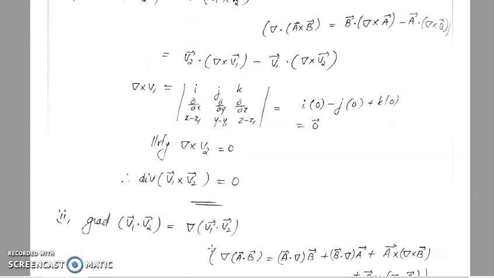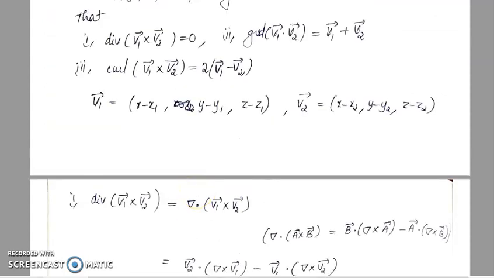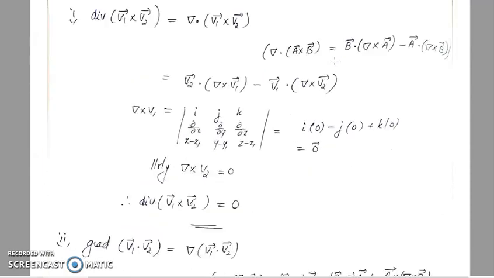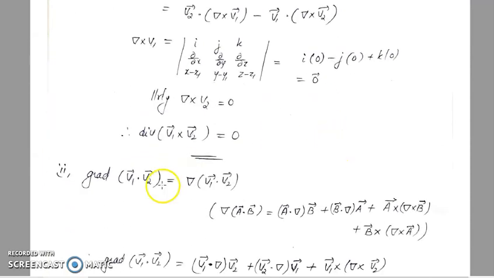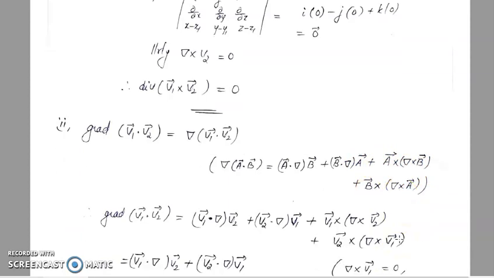And the second thing to prove is gradient of v1 dot v2. You need to show that it is equal to v1 plus v2. So we will see the corresponding result. Gradient of a dot b is a dot del into b plus b dot del into a plus a cross del cross b plus b cross del cross a.